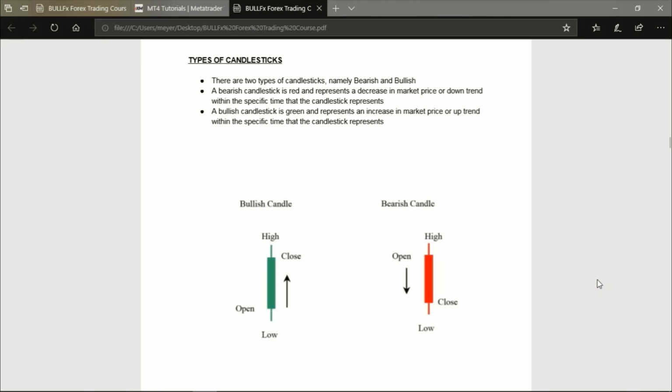The reason these 2 candlesticks are called bearish and bullish is because when a bear, the animal, pounces, it usually pounces downwards. It will jump up and pounce on top of something downwards. When a bull charges, he would usually charge upwards, right?